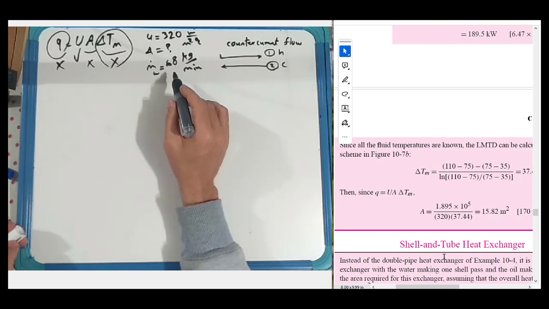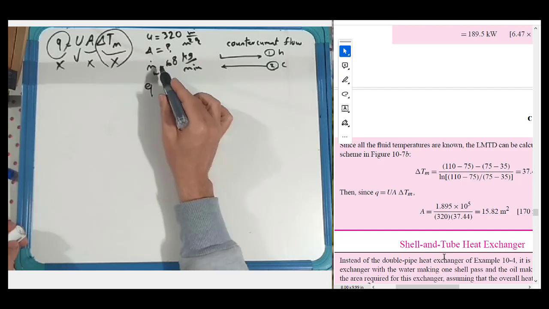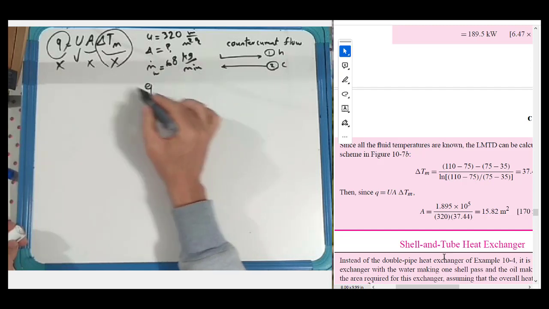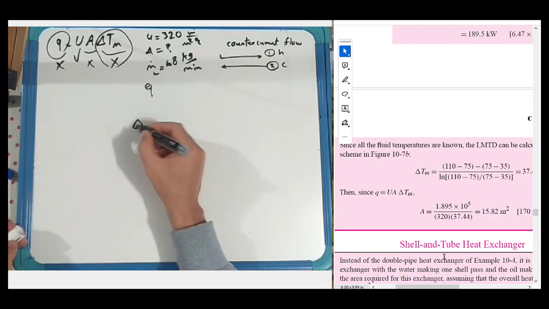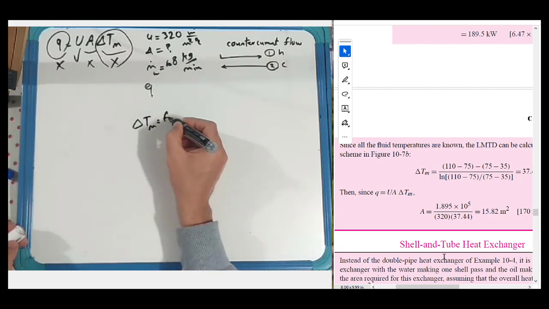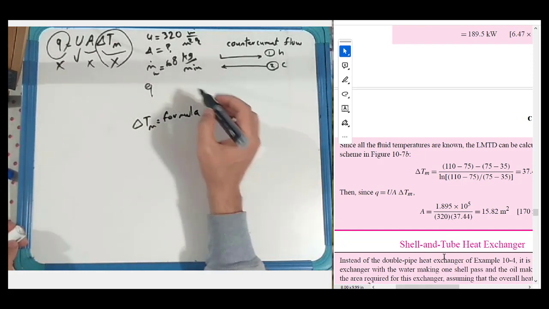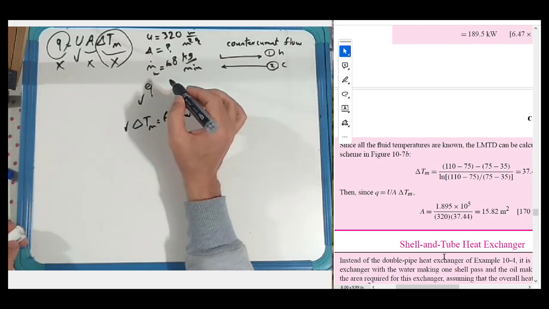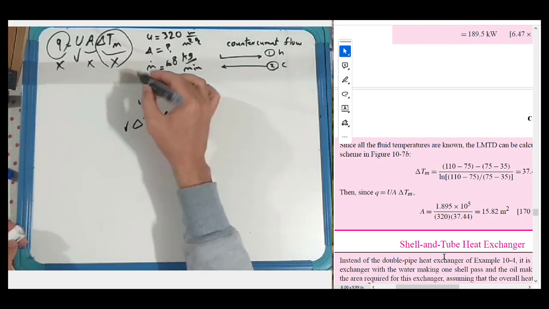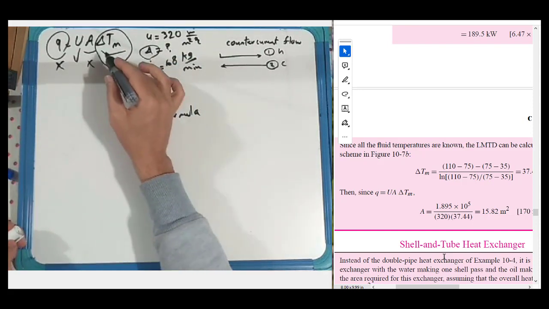Actually we can get Q from this one and put it here, and after that calculate delta Tm, which has a formula. I will write it for you, and after that we can calculate A from this formula.